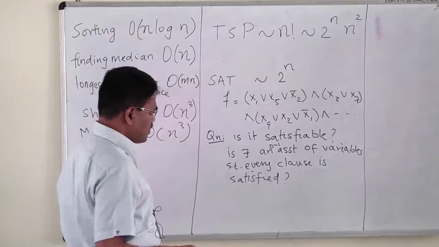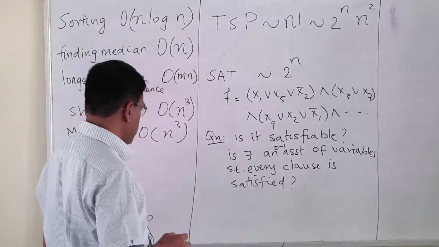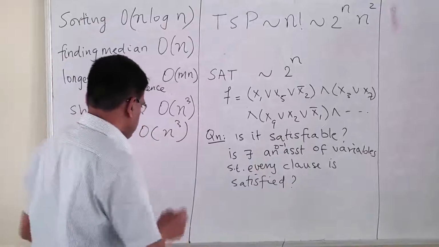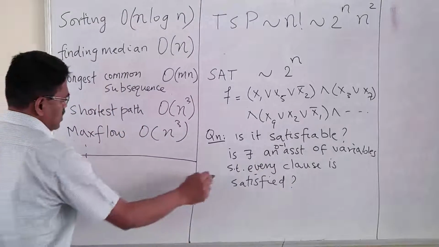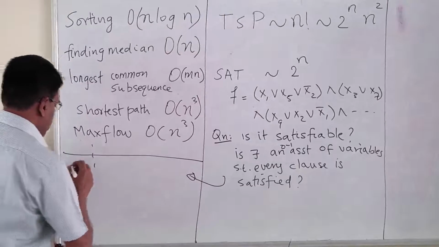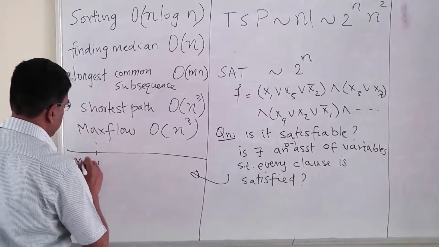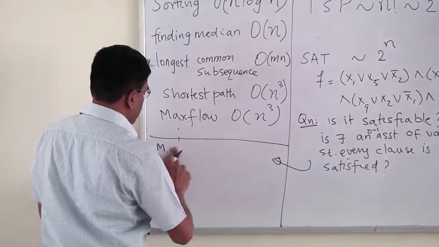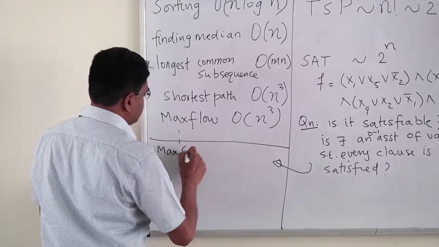Let me write down a couple more problems. We'll get to it. So that's the continuation of this slide. So I give you a graph, minimum vertex cover. Or let's say max clique.